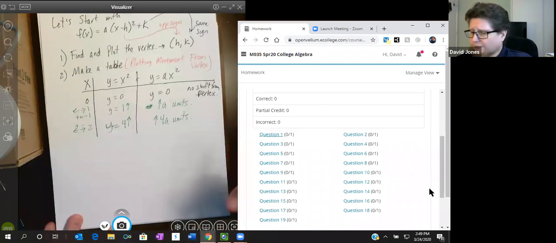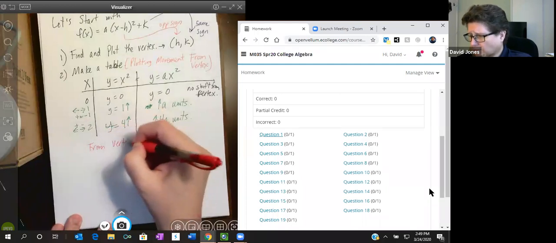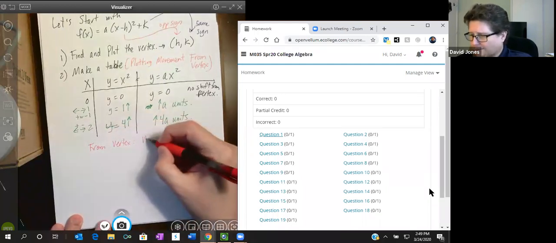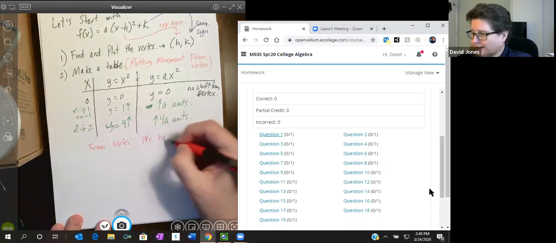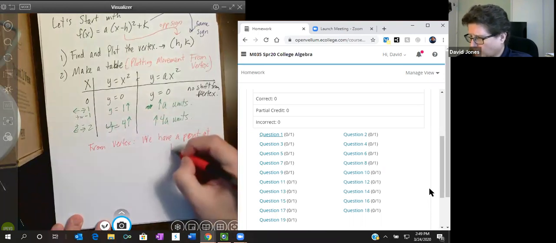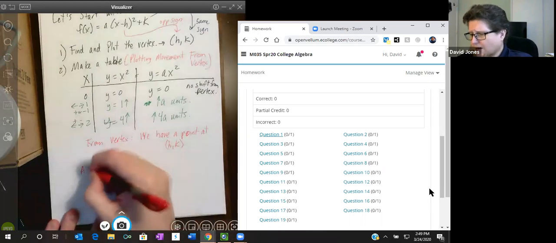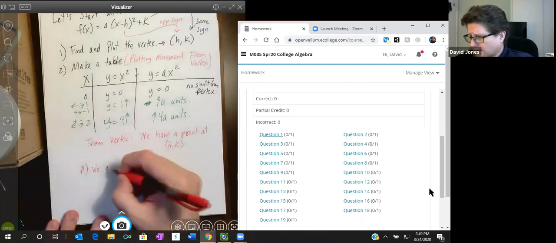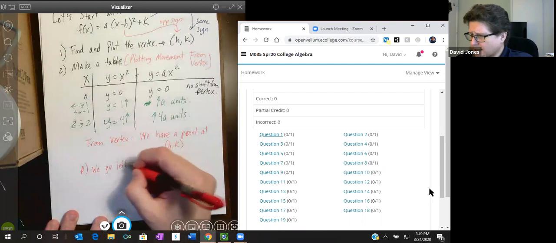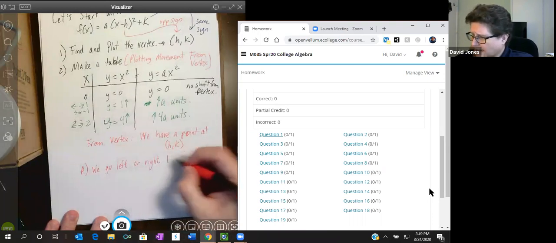So altogether, from the vertex, we have a point at the vertex. That's our 0 or center. Then a, we go left or right 1 and up a.